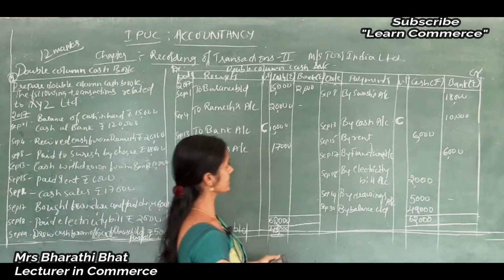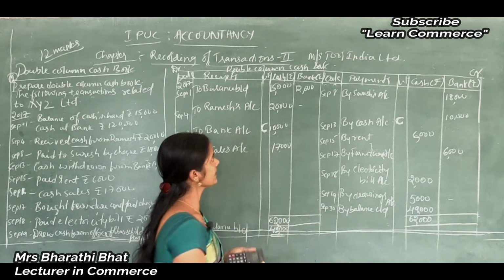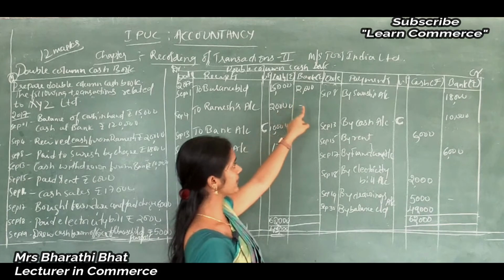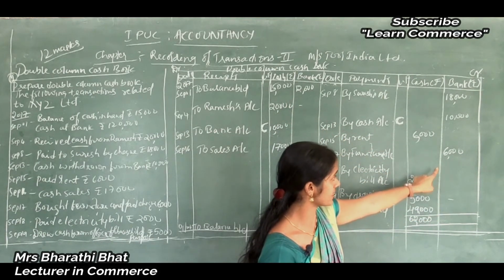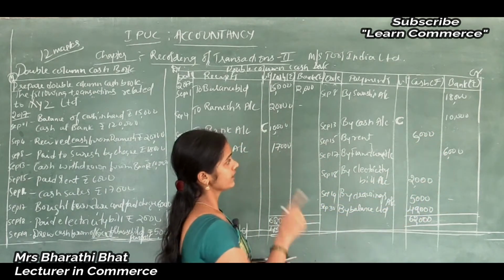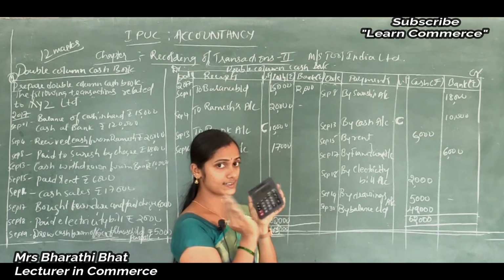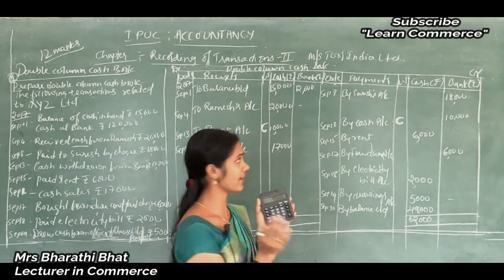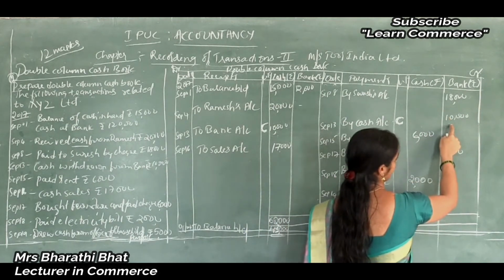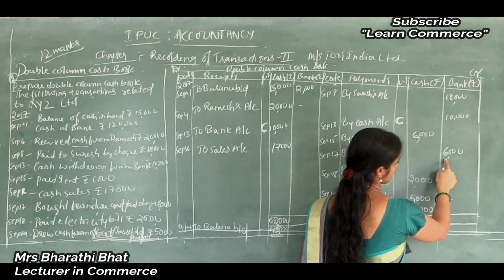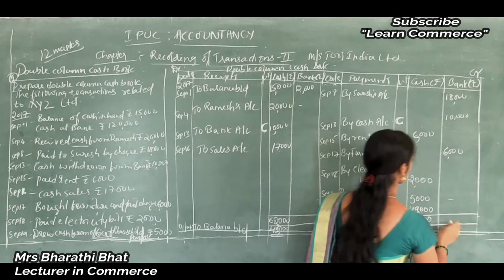Got it? The next step, totaling the bank column amount. See here only 12,000, and that side shows a greater value, 18 plus 6 plus 10 and all, so we need to write the greater value on both sides, correct, right? So now just calculate that side. 18 plus 10, 28,000 plus 6,000, 34,000.